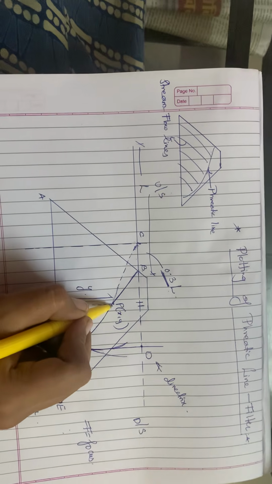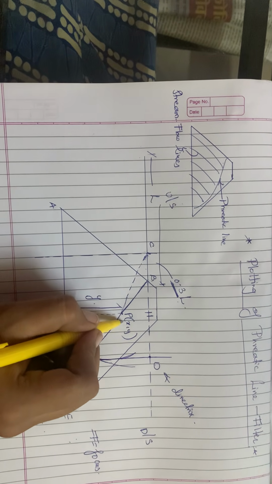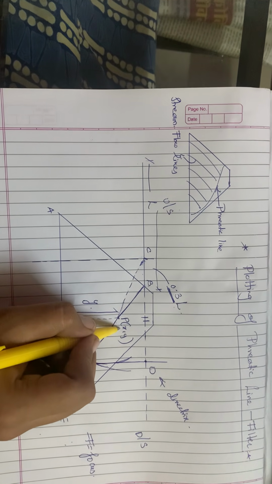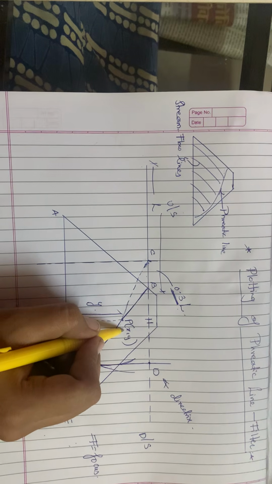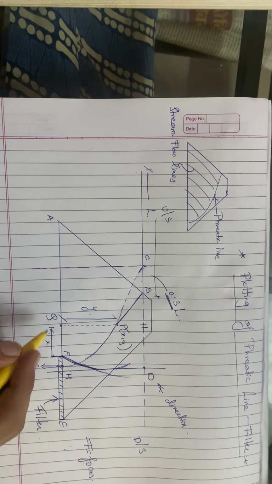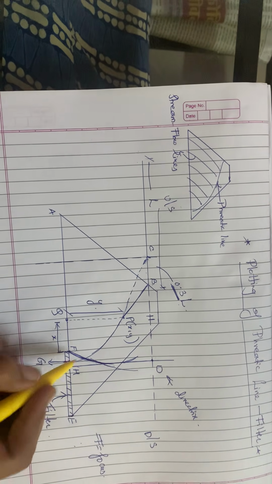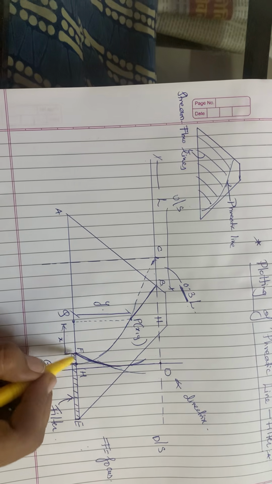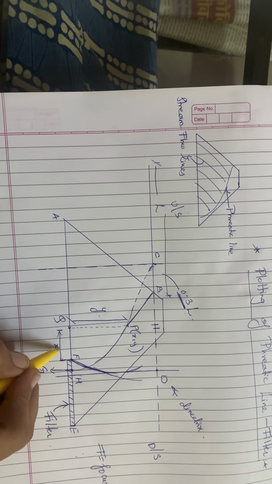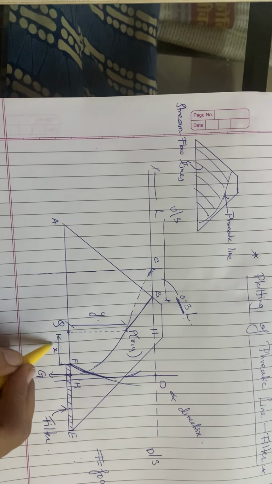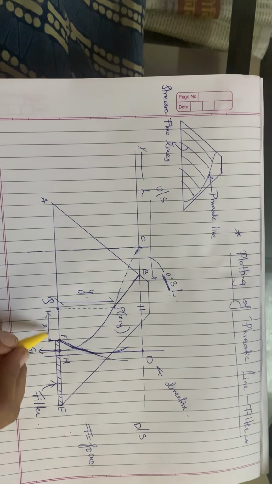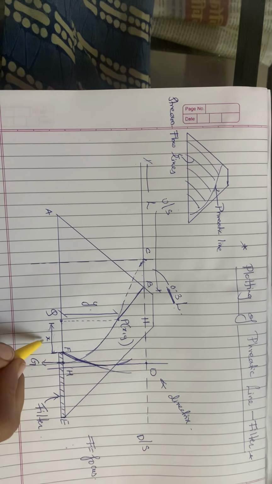For an example, I have taken a point P. To locate it, we draw a vertical line QP. From this point F, take any distance, suppose that distance is X.